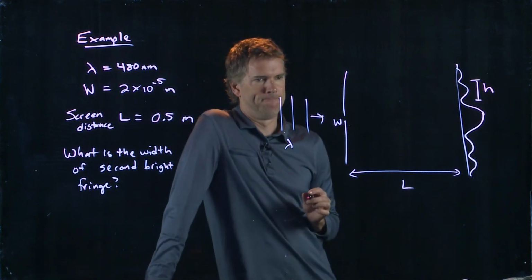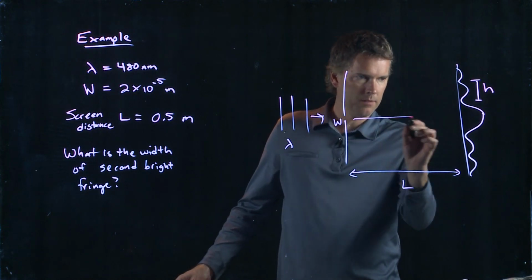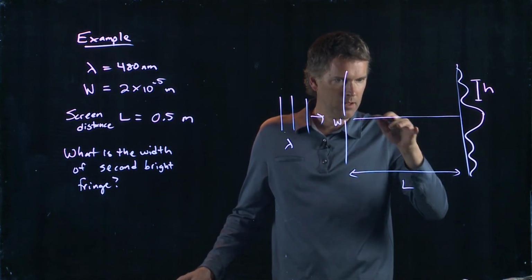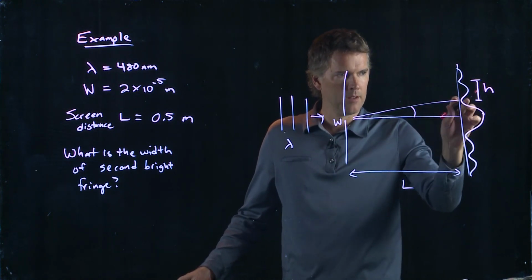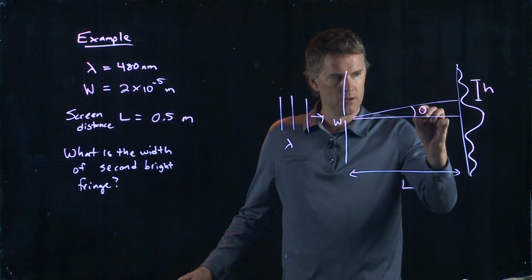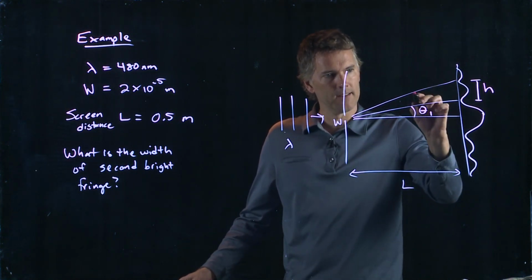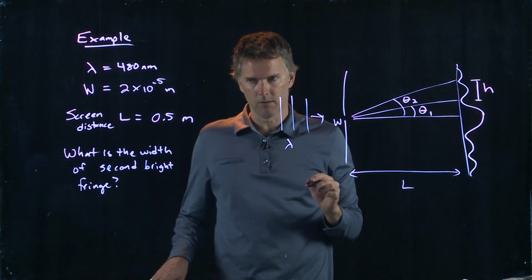All right. I think we need some coordinates here. So this is the horizontal axis. If we go to the first dark fringe, that's angle theta 1. If we go to the second dark fringe, that is angle theta 2.